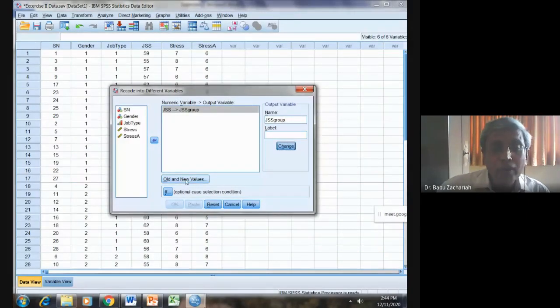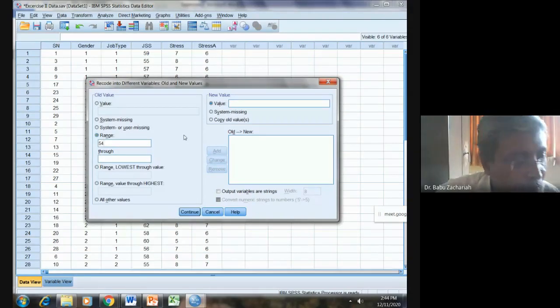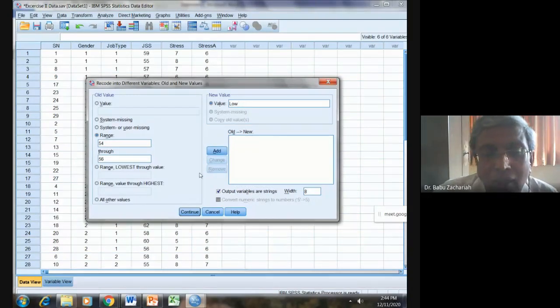And now all the new values, again we will use only this trick, range. So 54 to 56. And here you say that this is string because I'm writing low. Add.